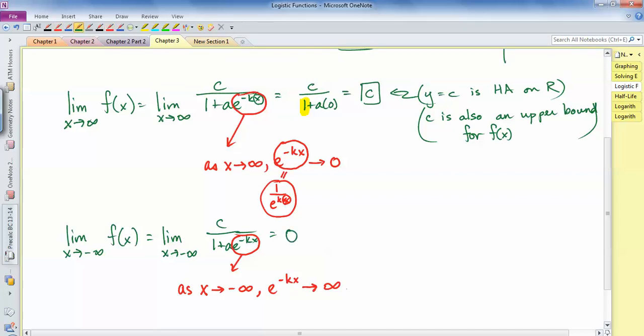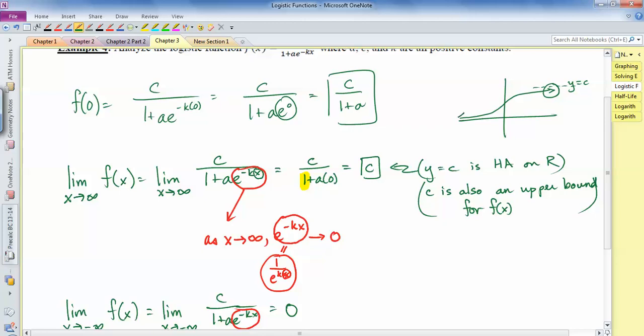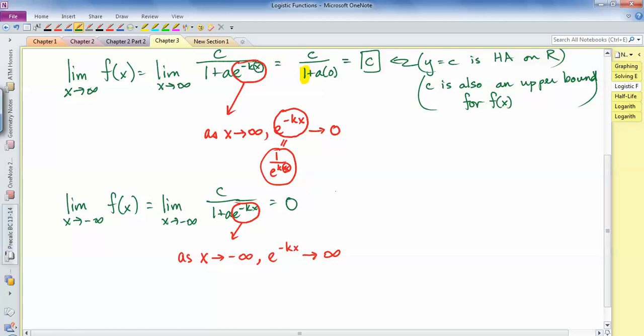So if we go back up to the picture, way out here, I've got a horizontal asymptote of y equals 0. So in my notes here, I'm going to say y equals 0 is a horizontal asymptote on the left, and 0 is a lower bound for f of x.